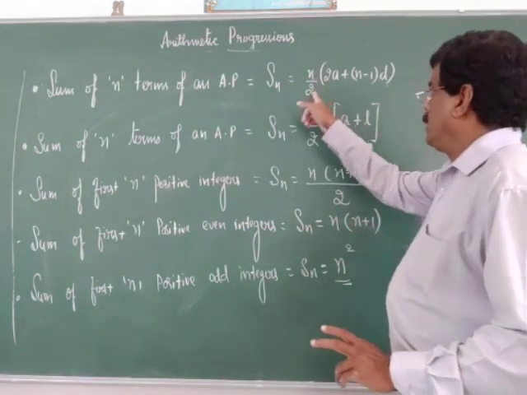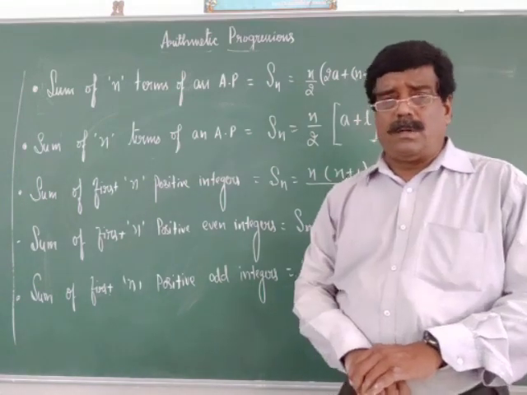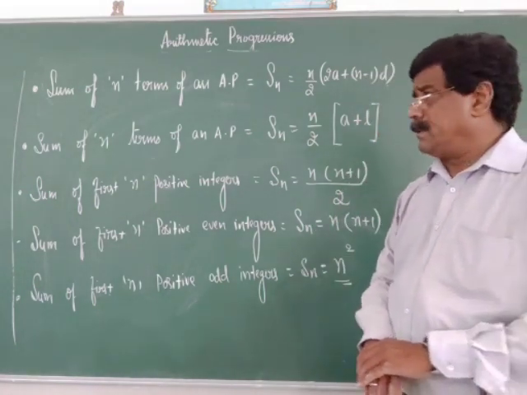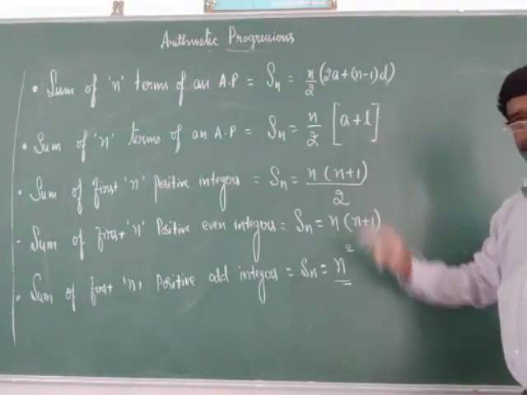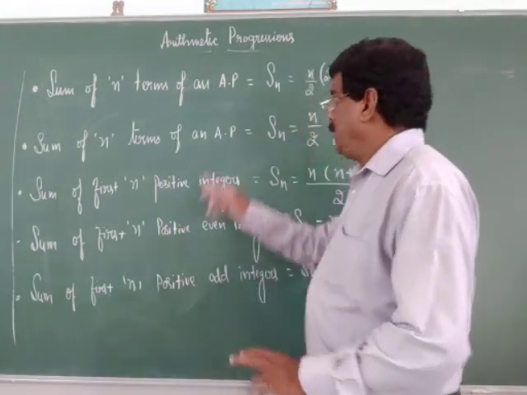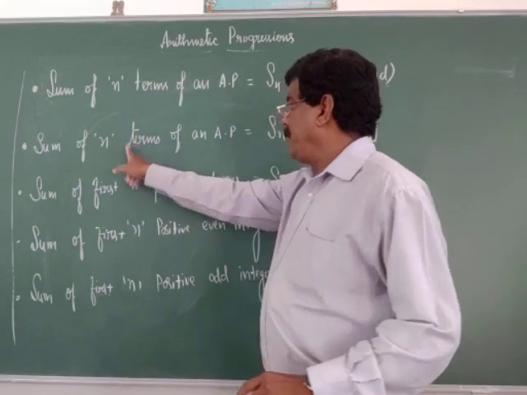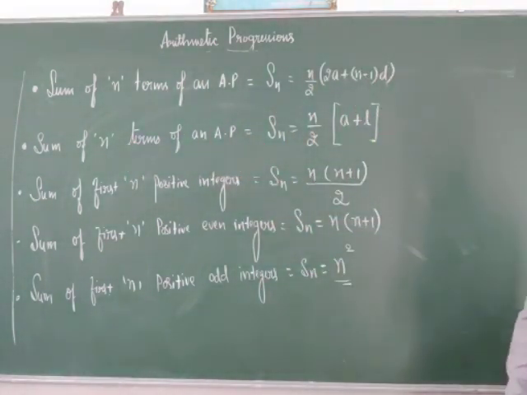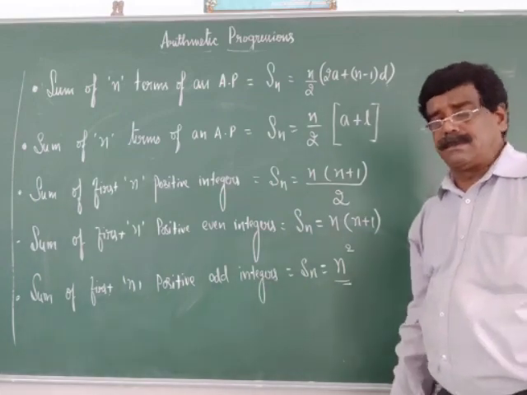Sn is equal to n by 2 into 2a plus n minus 1 into d. So many sums we solved by this method. Sum of n terms of an AP, Sn equals n by 2 into a plus l, when the last term is provided in the AP. Be careful children, that is different from these formulas.